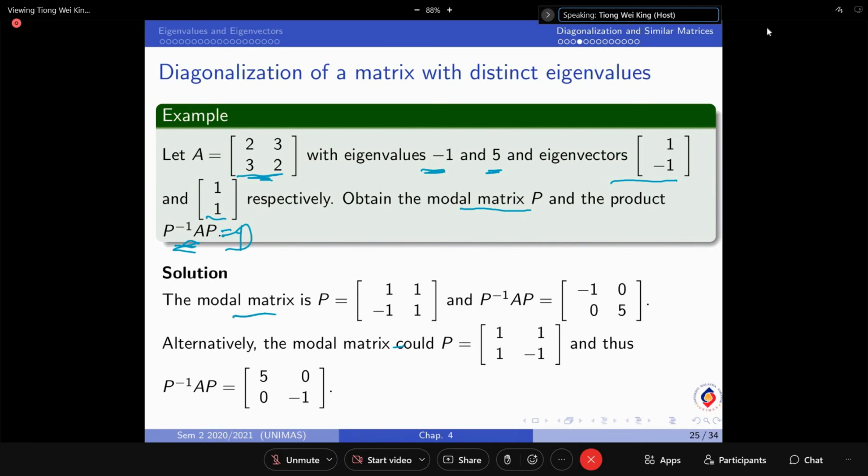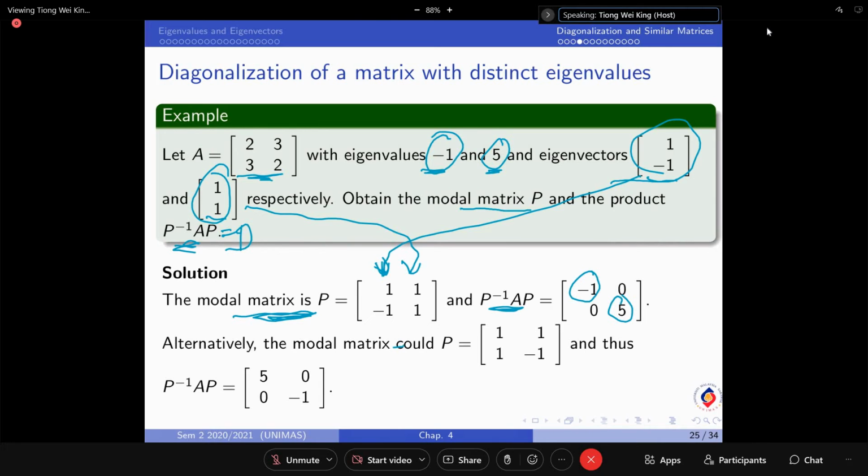Now the model matrix P, how you get it is you combine the eigenvectors. There are two ways because there are two eigenvectors here. First, you put this in the first column and then this is the second column. So if you put this in the first column, then for this matrix, it will be this, the corresponding eigenvalue first, and then 5 as the second eigenvalue for the second column.